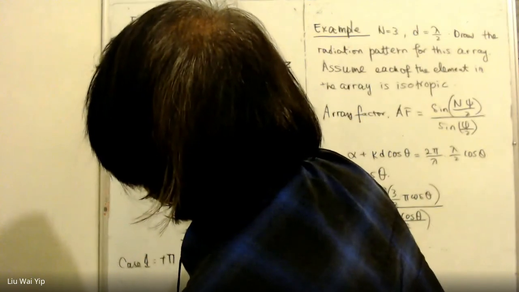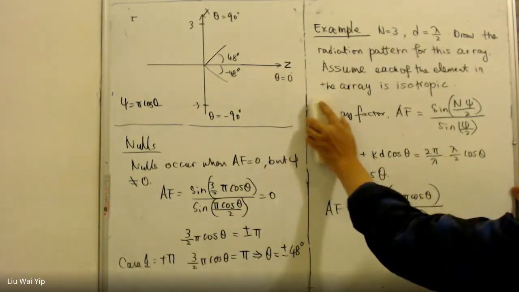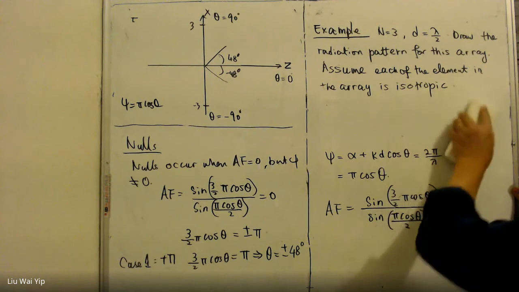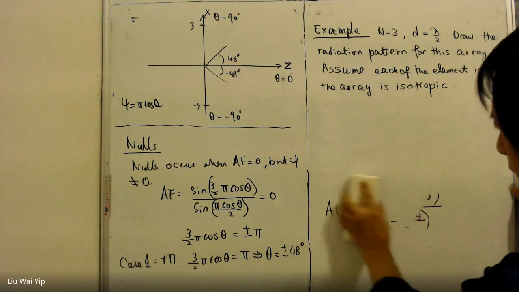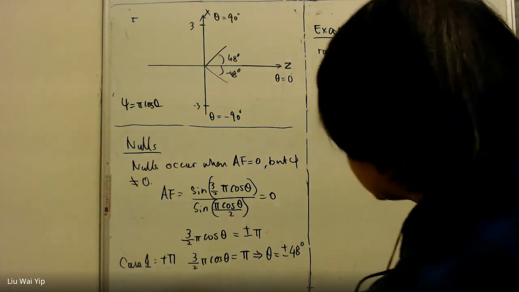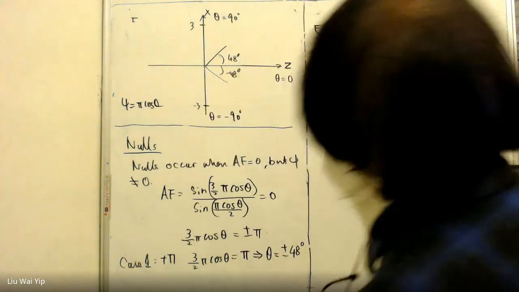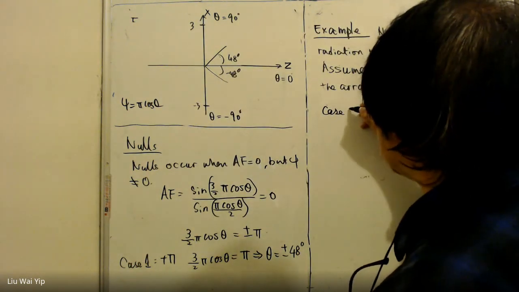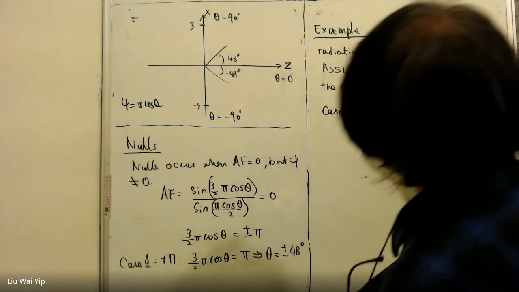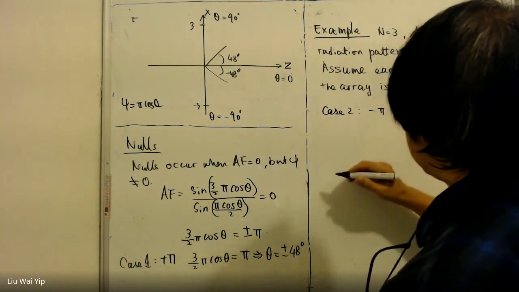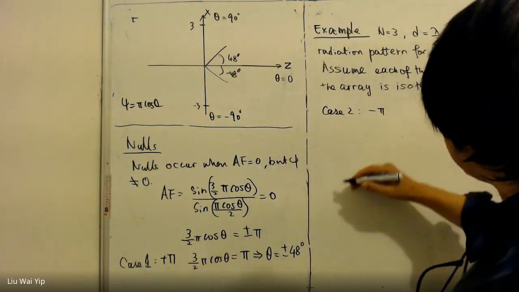Okay, I'm going to continue. So in this case, case 2, minus pi, when the function becomes minus pi.